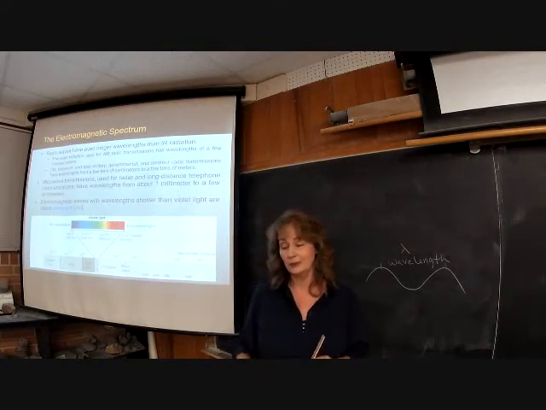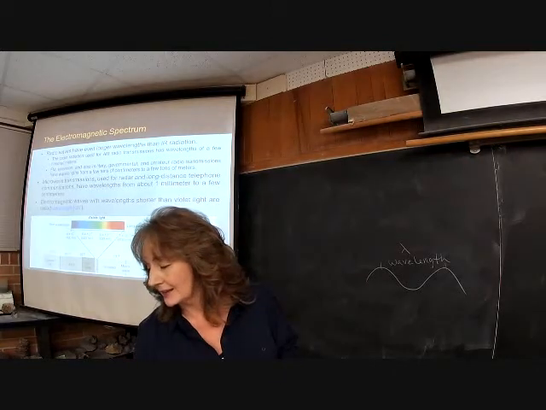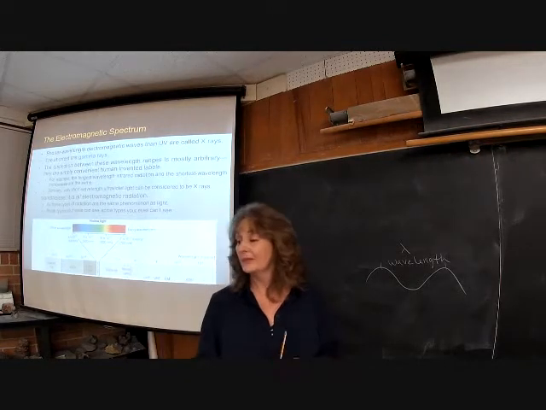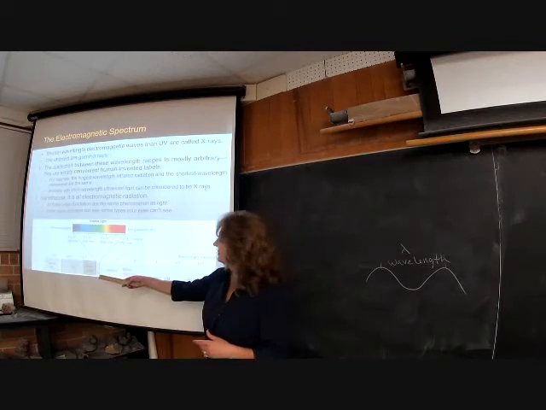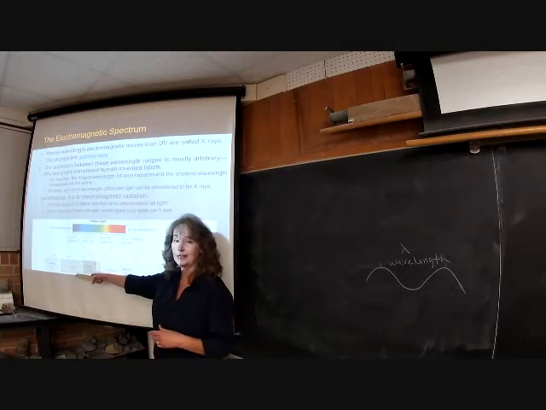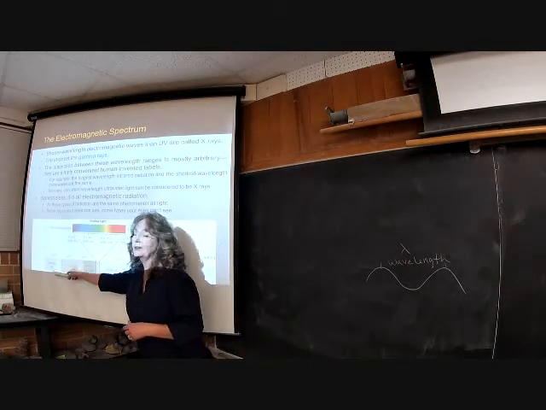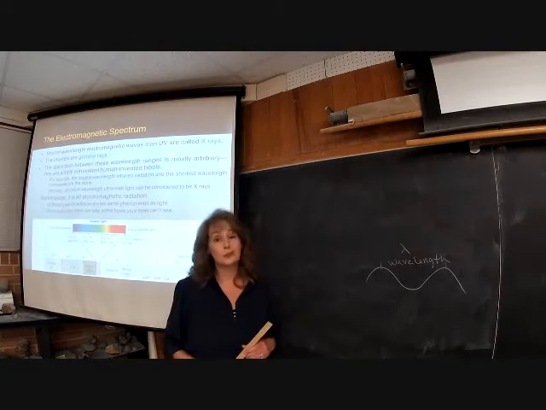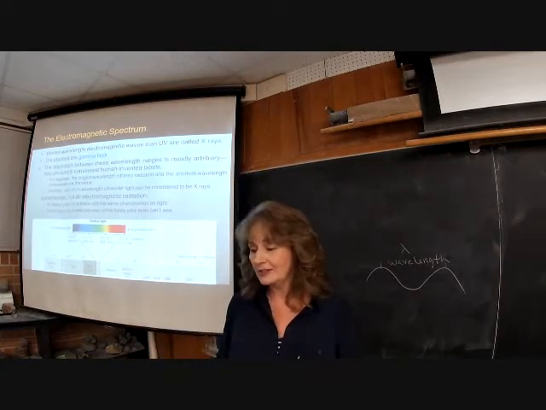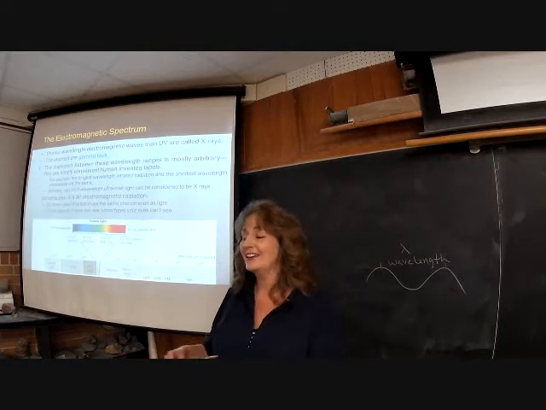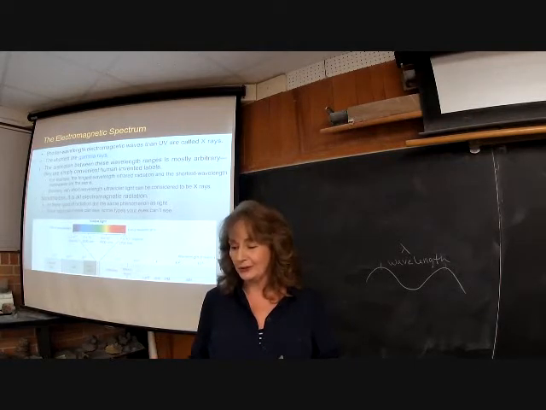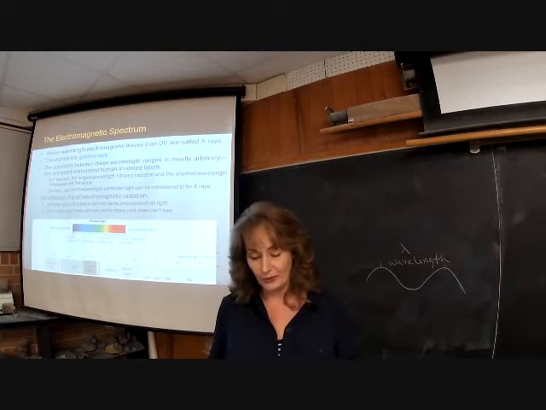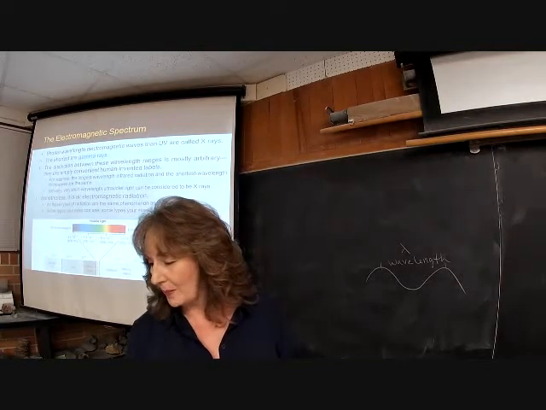We just see the visible spectrum with our eyes. Then your X-rays are shorter still than even your UV, and then your gamma ray. Those are the shortest of all. So do know your hierarchy of the electromagnetic spectrum, what's longer and what's shorter.